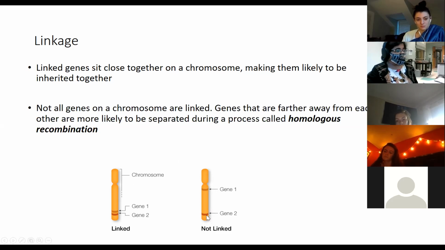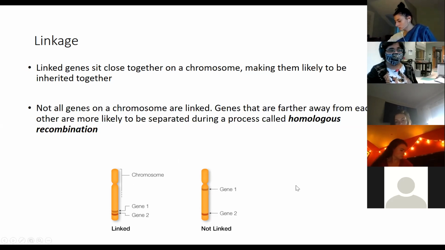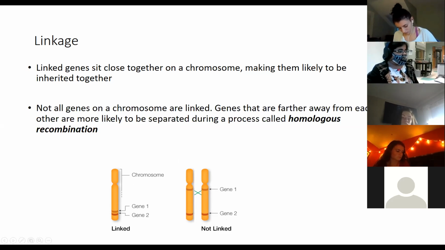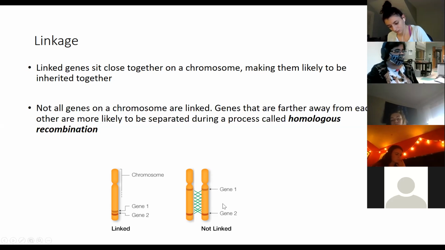So when there's so much distance between genes, there's a more likely chance for homologous recombination, or crossing over, to occur, right? If you have another homologous chromosome, you're going to see crossing over happen everywhere, here, there, everywhere.